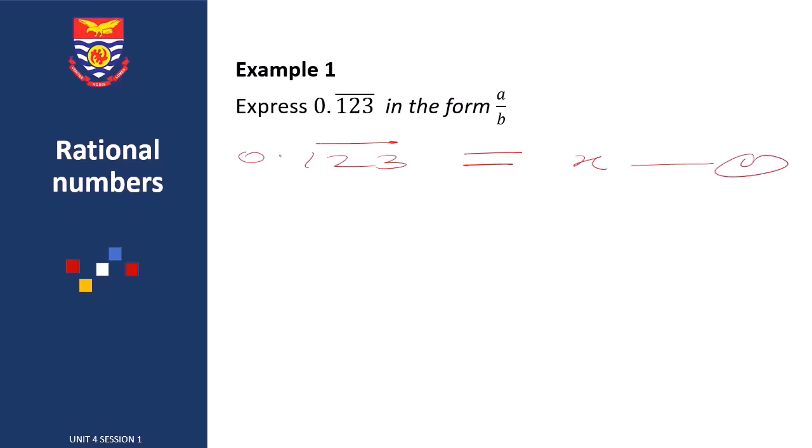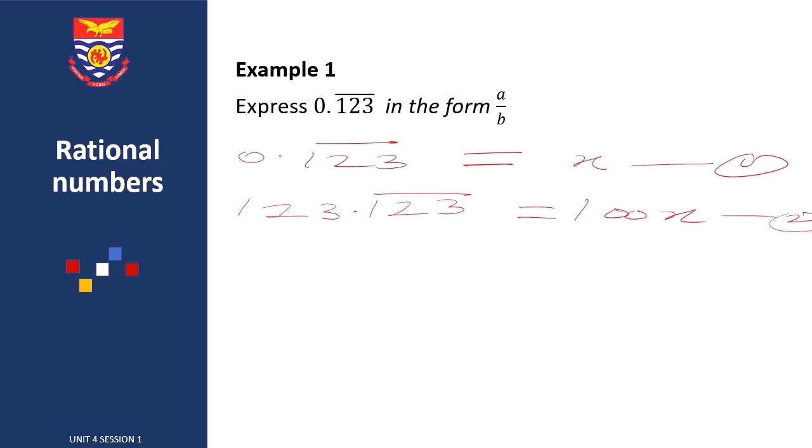Then I multiply equation 1 by 1000 so that the repeating part shifts, giving 123.123 repeating equals 1000x. I call this equation 2.